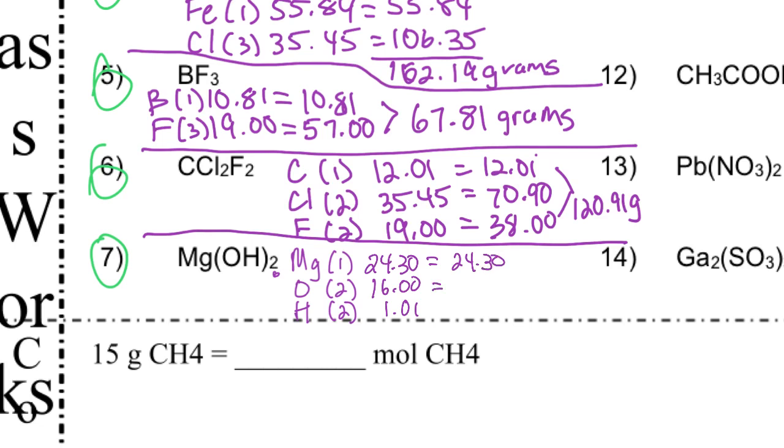For oxygen, I'm going to have 32.00. And for hydrogen, I'm going to have 2.02. Add them all together, and what do you get? You get a whopping 58.32 grams as the molar mass.